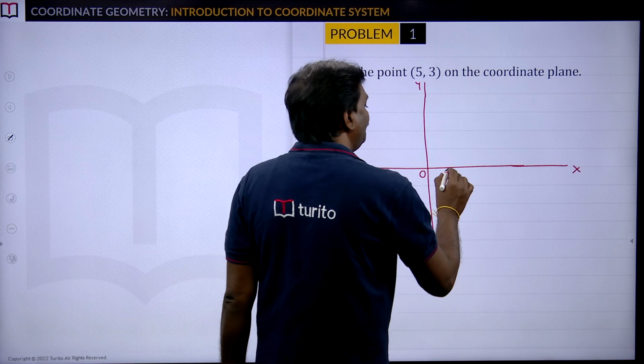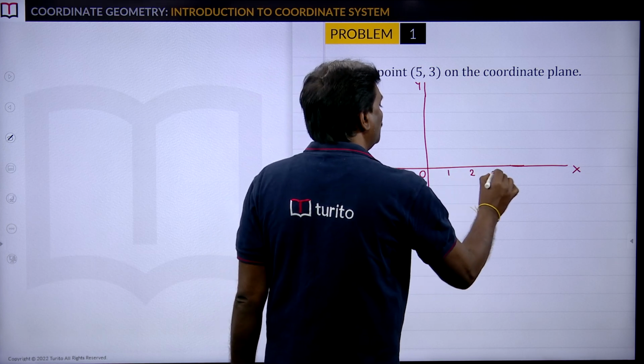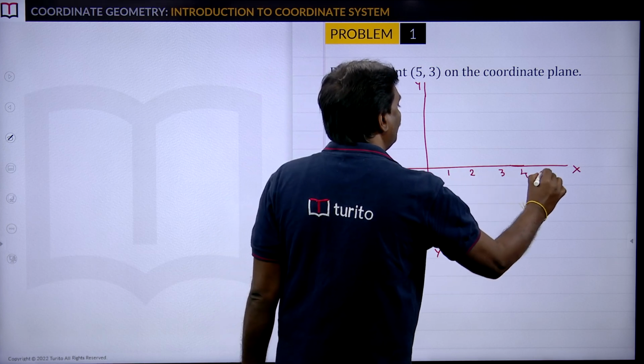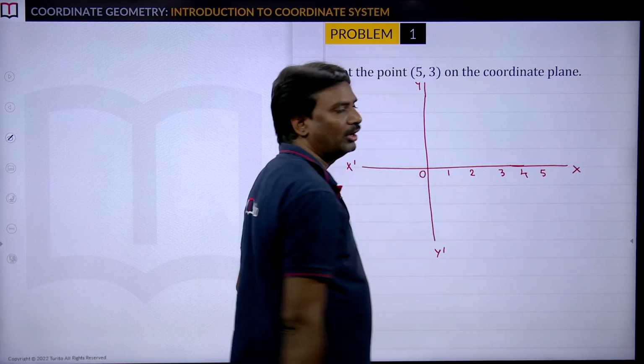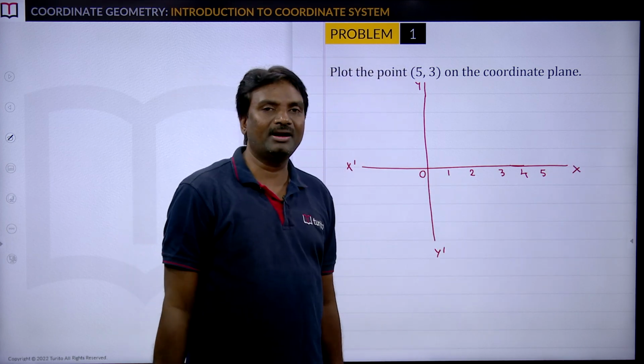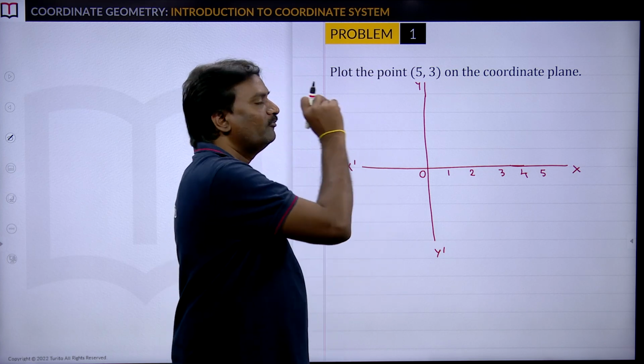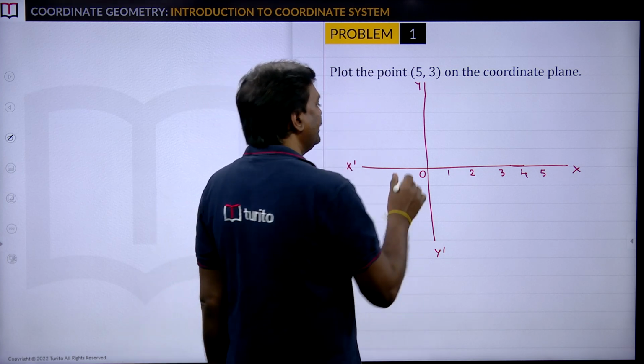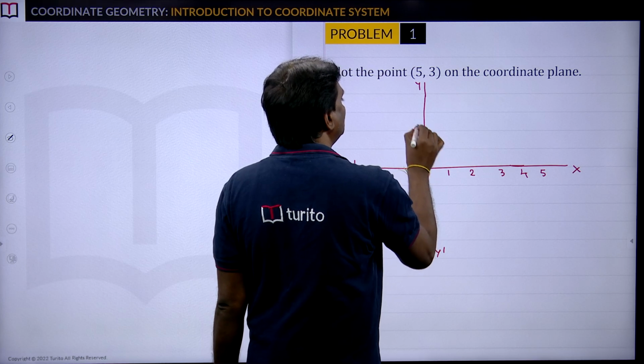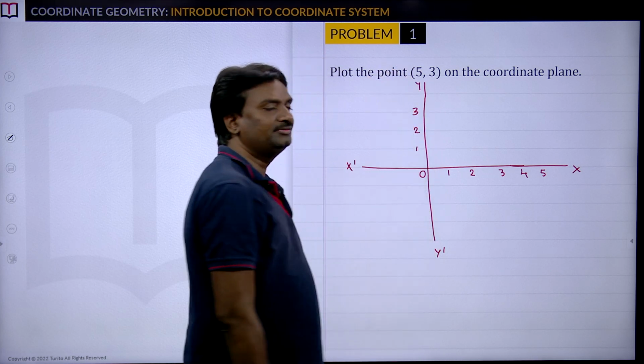On the x-axis we can take 1, 2, 3, 4, 5, 6, 7, and so on. So infinite numbers are there on the x-axis and the y-axis. On the y-axis also we can take 1, 2, 3, 4, 5, 6, and so on.